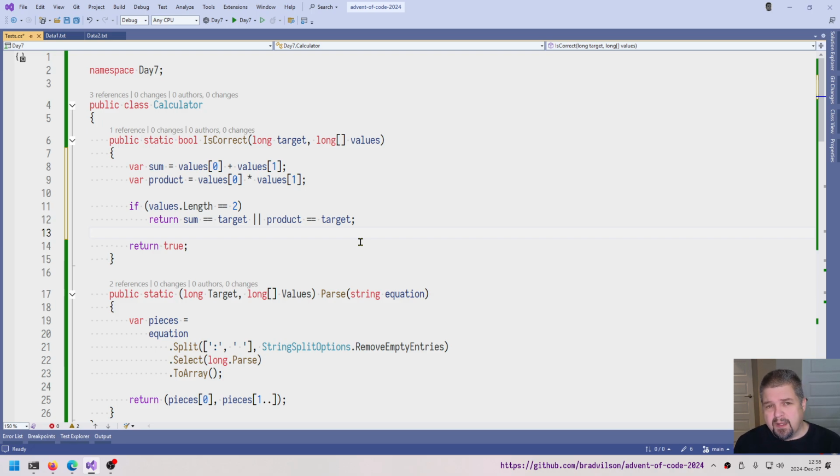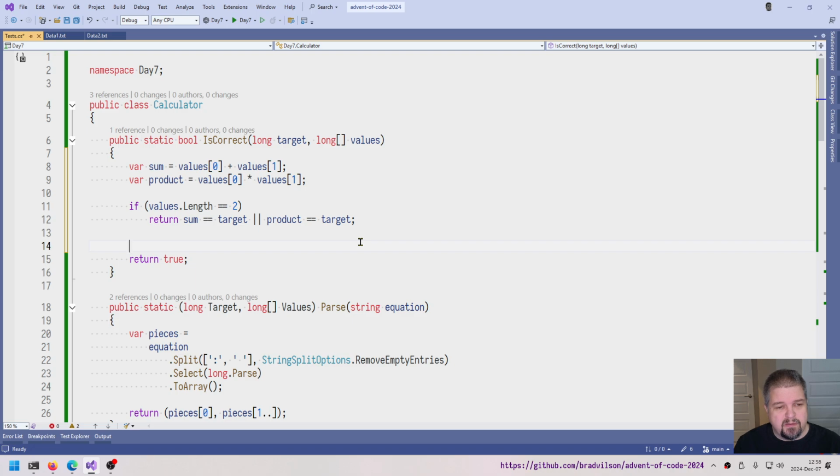When we have more than two values, what we need to do is take the two values, the sum and the product, replace those two values that we pulled out, values sub 0 and values sub 1, with the sum and check it, and then do the same with the product and check it, right?